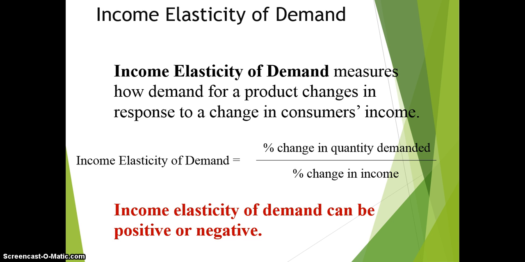And that's actually really important, because depending on whether it's positive or negative, that will tell us what type of product we're dealing with. We're going to have a look at normal products, and we're going to have a look at what are called inferior products, and I will get onto that in a minute. So it is very important that you remember YED can either be positive or negative.